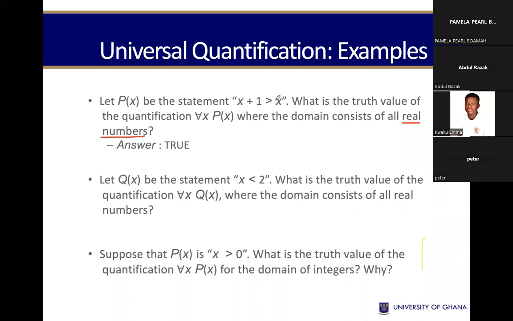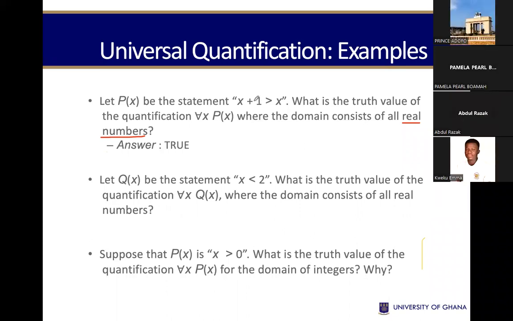We good on that? Now, let's pick a bigger number, like negative 1.5. When I pick negative 1.5 for x and add 1 to it, I'm going to have negative 0.5. Can we see negative 0.5 is greater than negative 1.5?